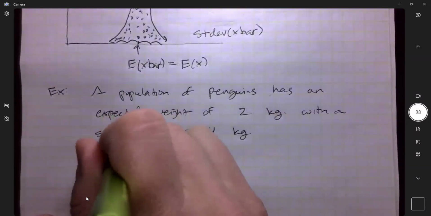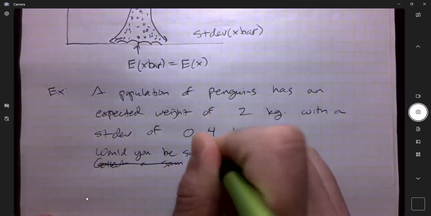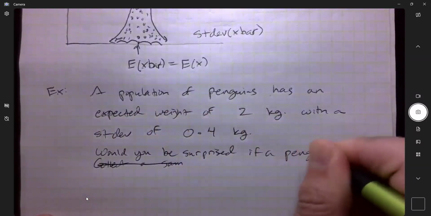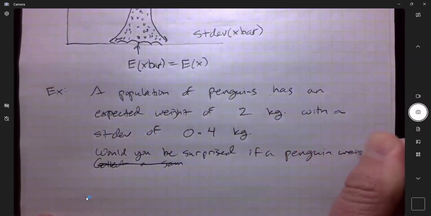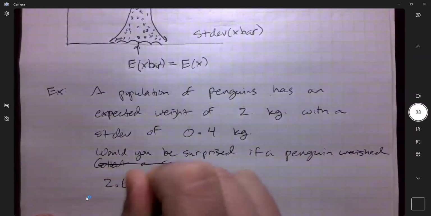Would you be surprised, statistically speaking, if a penguin weighed 2.6 kilograms?